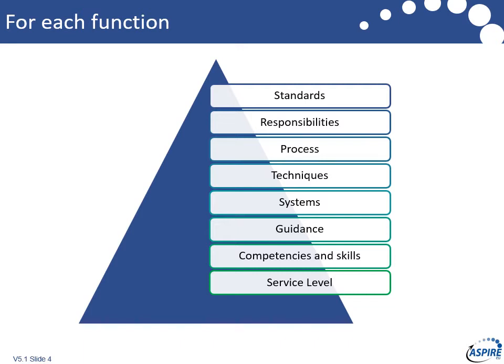We need to set standards so people know what's expected of them. We then need to set the responsibilities. So you've set the standard. Who's responsible for making it happen? Is it the project manager, the program manager, the business change manager? Who's going to make that happen? And then we've got to think about the processes. So they've got to make it happen.